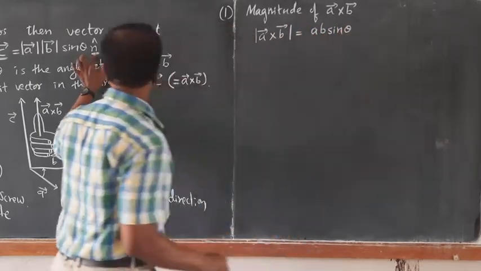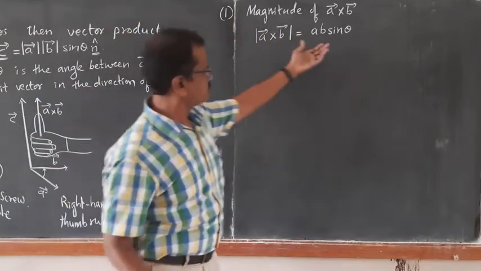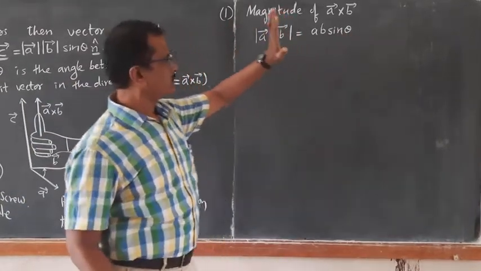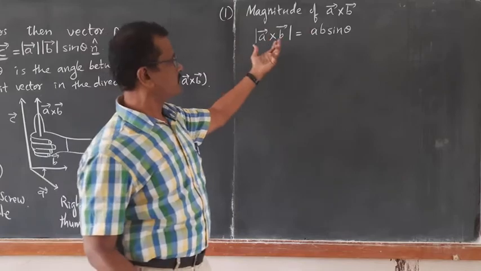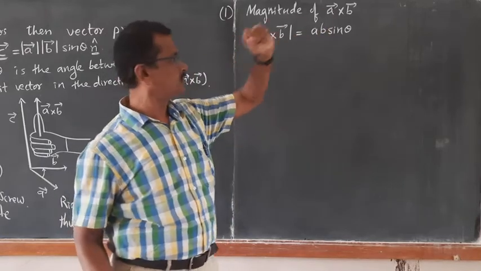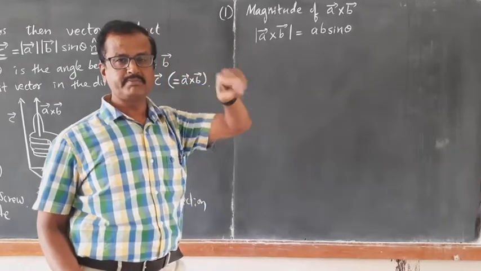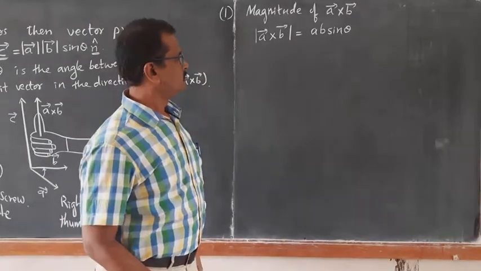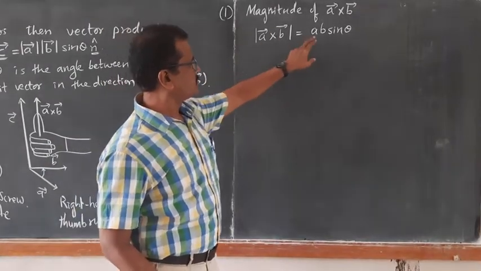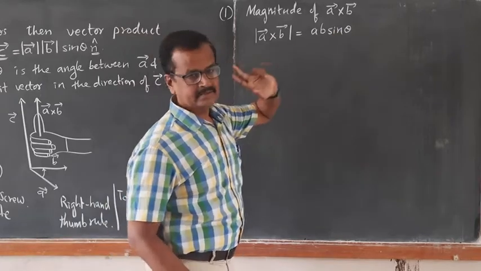N cap is not there. If you multiply this with unit vector n cap, then it is the exact vector product, which includes both magnitude as well as direction. So only magnitude is A B sin theta.